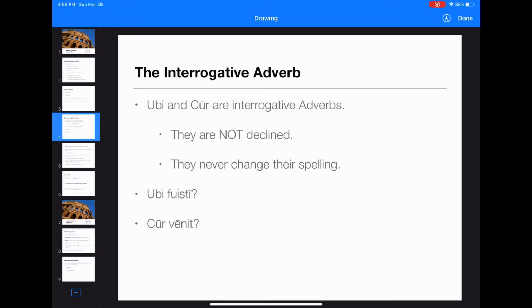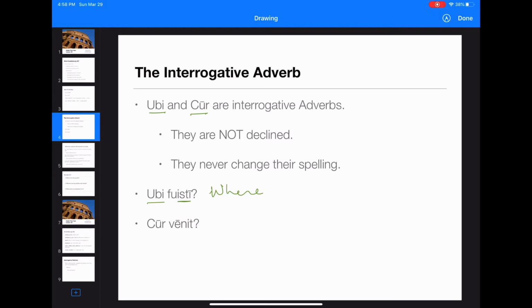Now, the interrogative adverb. Both ubi and cur are interrogative adverbs. They are not declined. Isn't that a blessing? We don't have to change them. And they never change their spelling, which is nice because we only have to learn them one way. So here we have ubi fuisti, so where. You noticed we have a perfect second person singular ending.